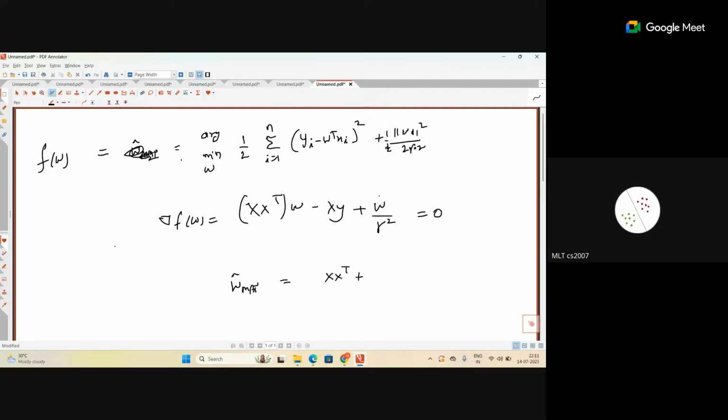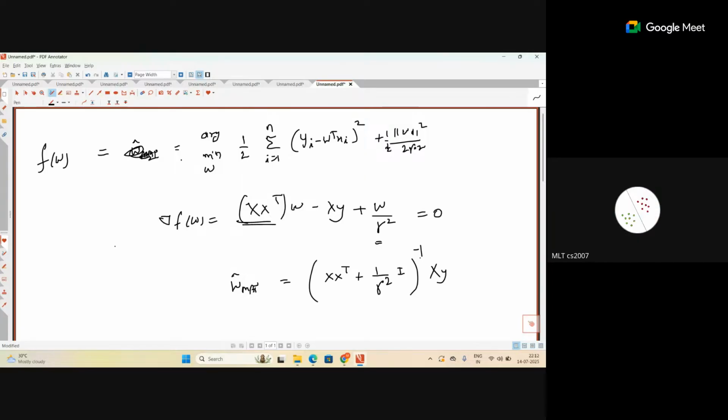This quantity and this quantity will be added, and xy will go to that side. Divided, it will not happen because it's a matrix, so we'll have to take the inverse. Inverse of x x transpose plus 1 by gamma square I.